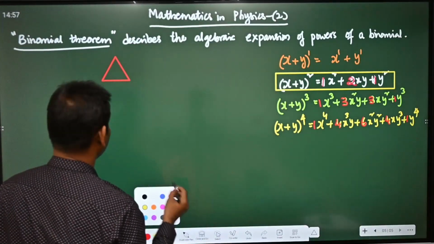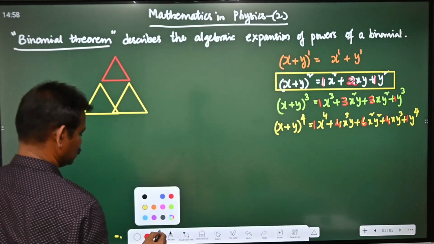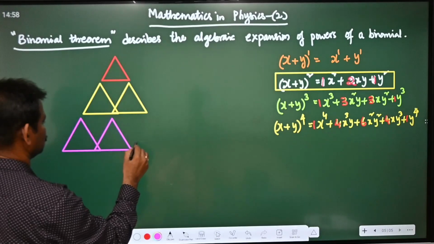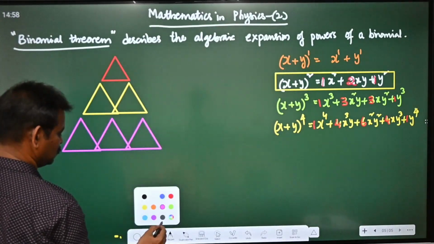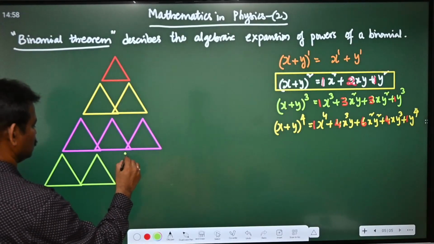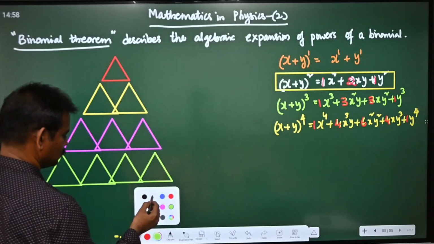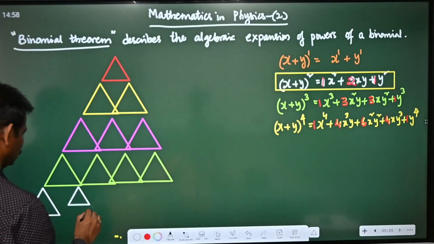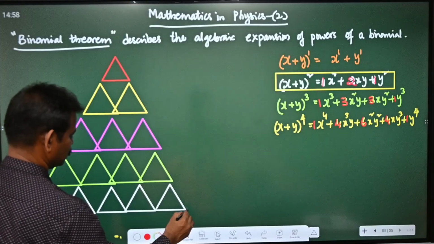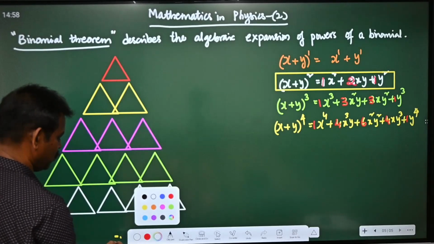So in this Pascal's triangle, so this is called Pascal's triangle, very simple. There is not much confusion here.